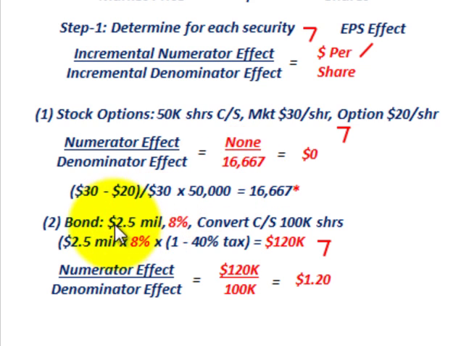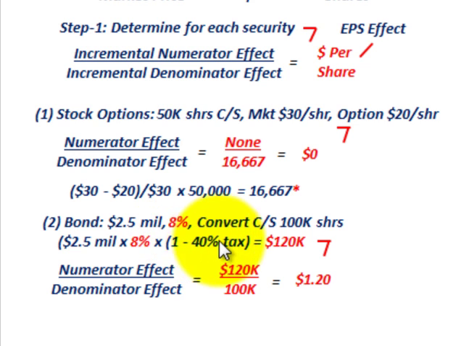Now let's just move down to our bond here. Just say we had 2.5 million outstanding of 8% bonds, and they were converted into 100,000 shares of common stock. So our numerator effect is simply going to be the interest that we have to add back to our net income for the year, times 1 minus the tax rate. That's the key when you're working with those convertible bonds.